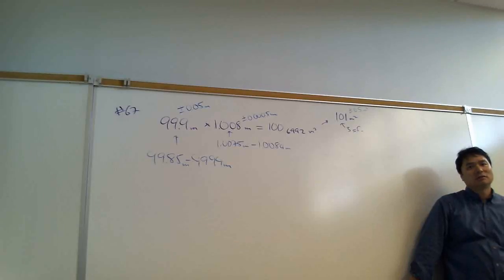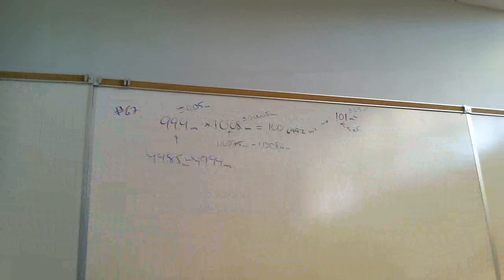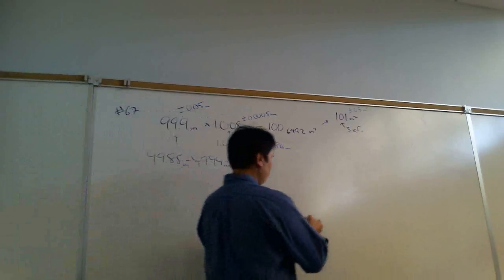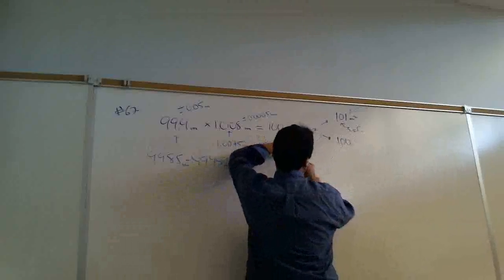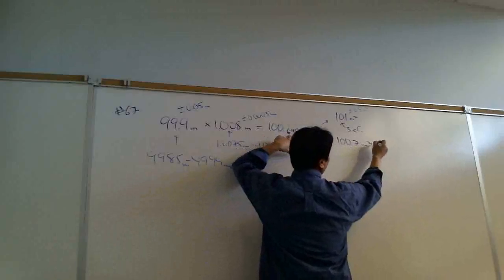No. It's not. And this is what the problem says. It should be expressed as 3 significant figures, 101 meters squared. Yet in this case, it would be more appropriate to express the result to 4 significant figures, 100.7 meters squared. If we express this to 4 sig figs, we would get 100.69. We drop the 9, convert that to a 7, so what is that?